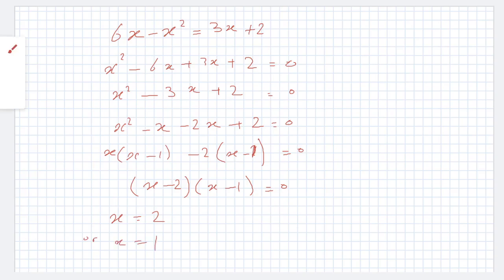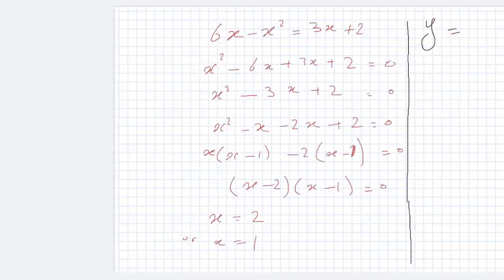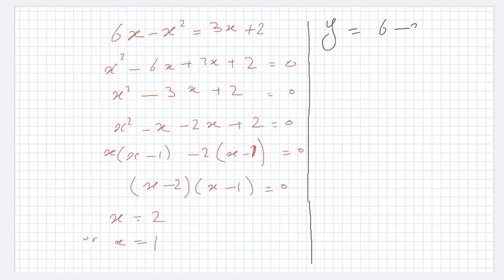And let's see what will be the value of y. So I write it down over here. So our y is equal to 6 minus x. So y is equal to 6 minus x.